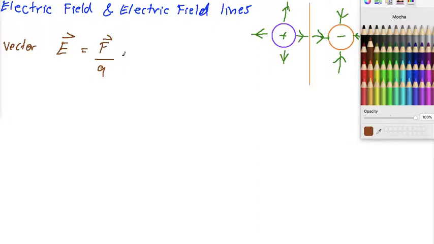So this is actually going to be from our previous video, k q1 q2, remember big K, little k, over r squared, divided by little q. Notice that the little q's cancel and you end up having a nice formula, which is just k big Q over r squared.